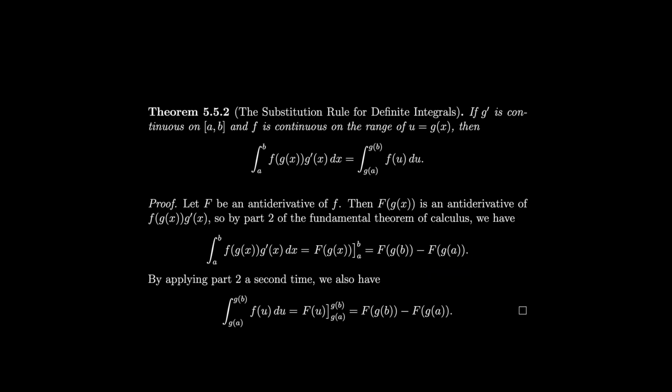So we apply part 2 of the fundamental theorem of calculus again, and then we get that this is equal to the antiderivative evaluated at those limits, which is the exact same thing. So we showed that this side is equal to this. Then we showed that this side is also equal to that. So they're both equal to each other.